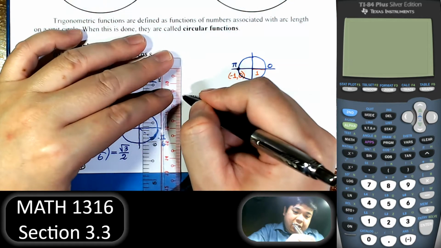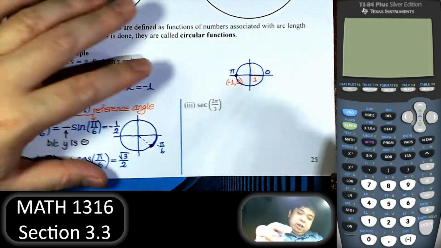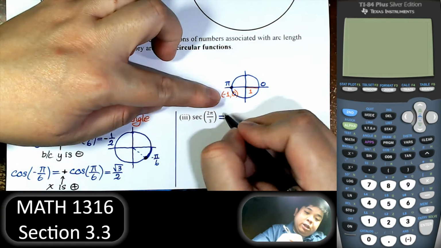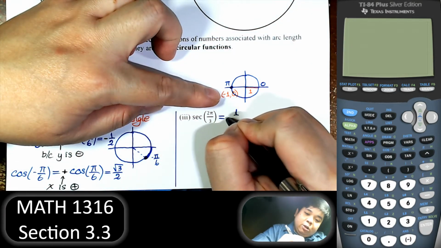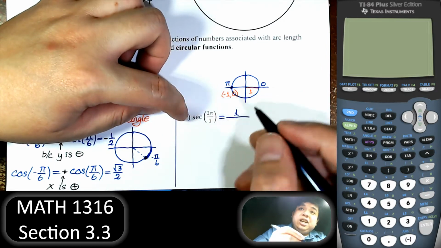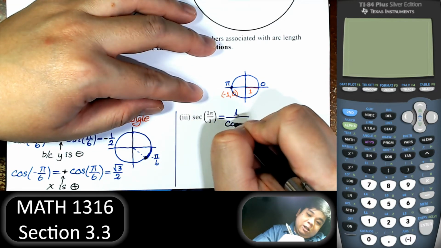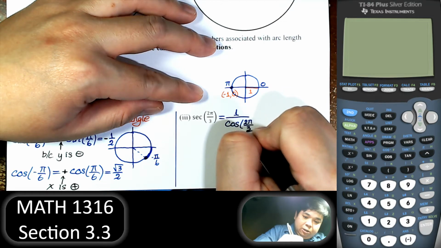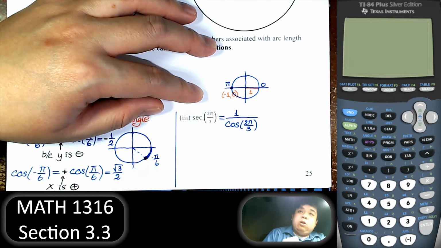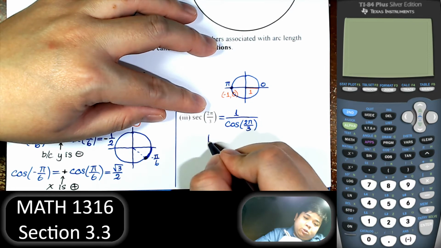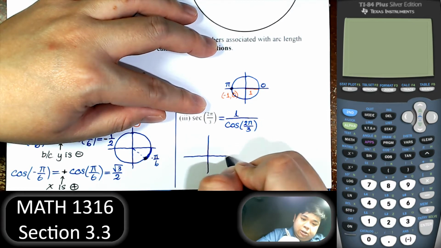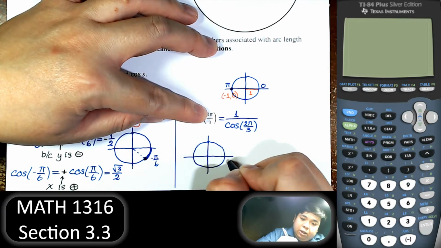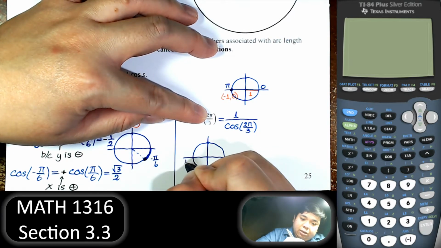Next, secant of 2 pi over 3. It would be easier if we use the reciprocal function. Secant is 1 over cosine. So where is 2 pi over 3? Here's 0, here's pi.